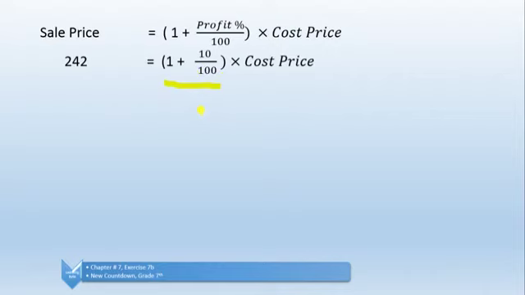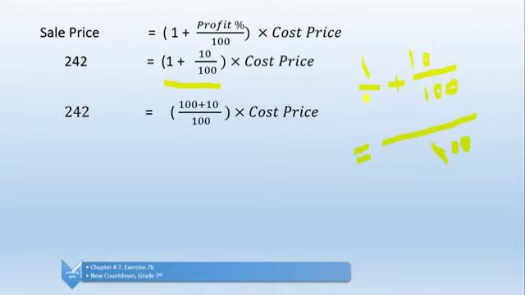Take the LCM, which is 100. Suppose that we have 1 over here in the denominator, and after dividing 100 by this 1, we have the answer 100, and now this 100 will be multiplied with the numerator, which is 1.